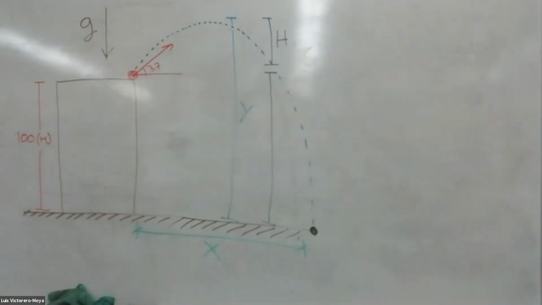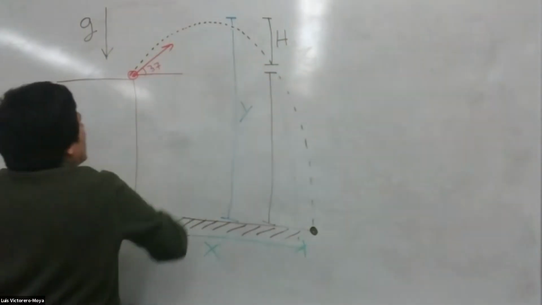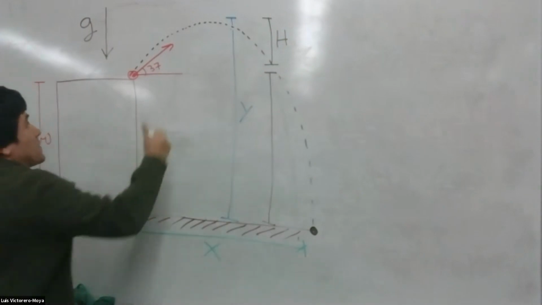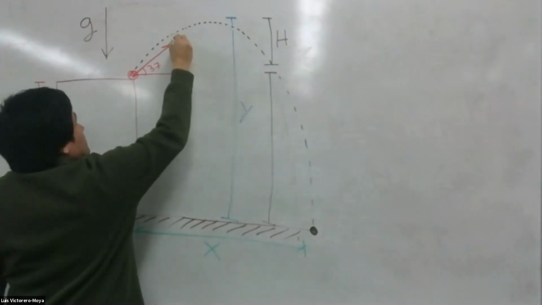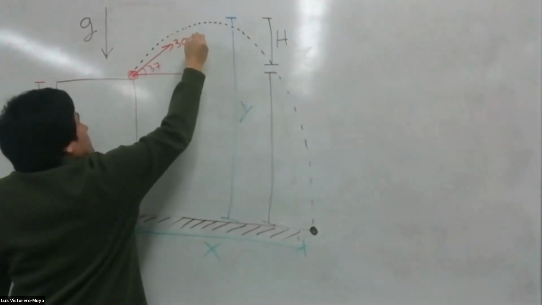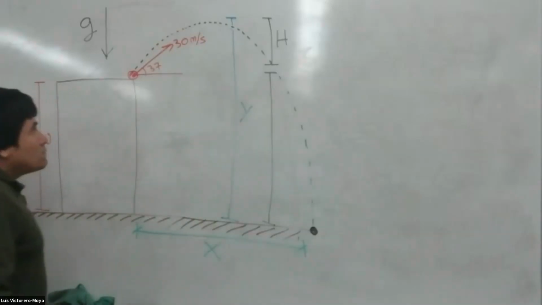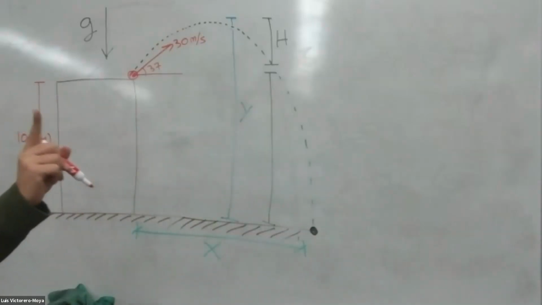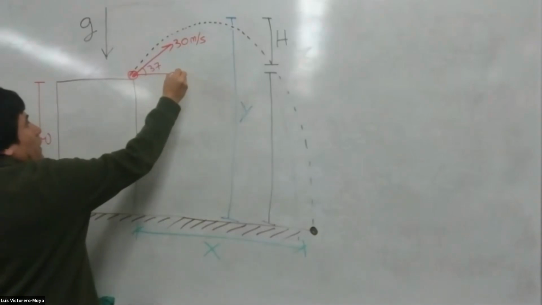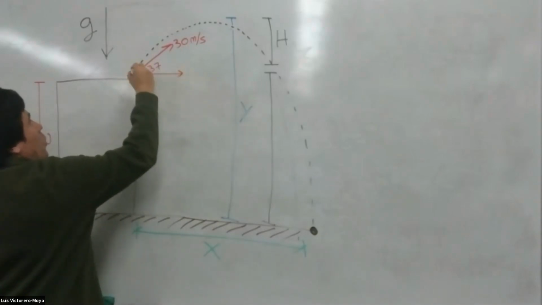So let's start. I didn't give you the speed, so let's say this is 30 meters per second. The first step will be to break the speed into components.